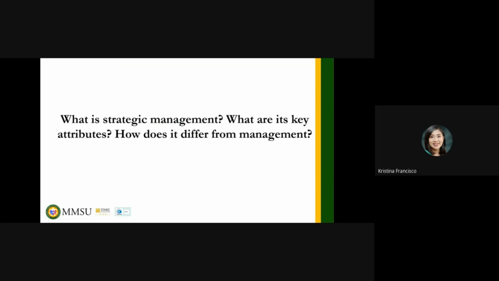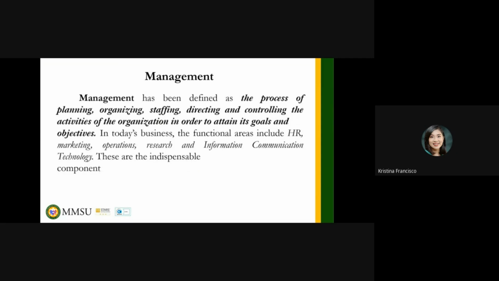So, before we delve into strategic management, let us first establish a clear understanding of management itself: its definition, and the core processes and essential components that support organizational goals in today's business environment. So, let's get started. What is management? Management has been defined as the process of planning, organizing, staffing, directing, and controlling the activities of an organization in order to attain its goals and objectives.